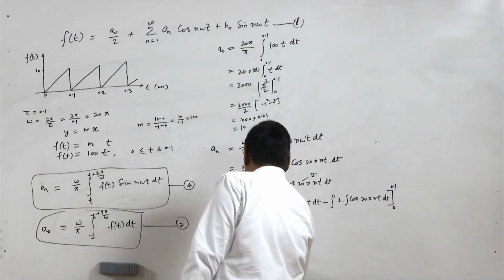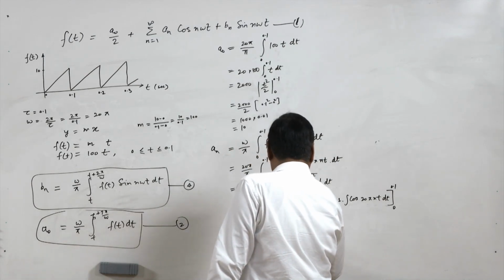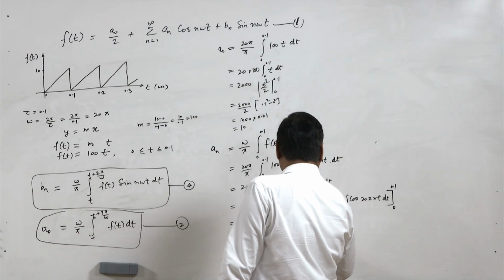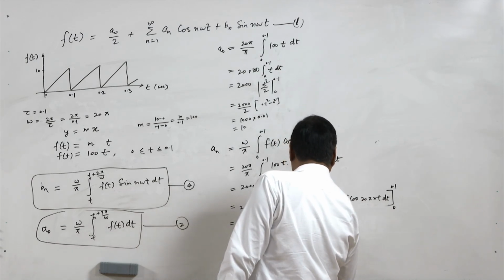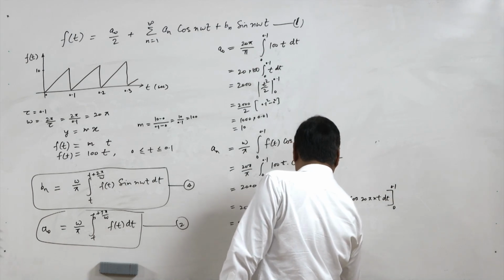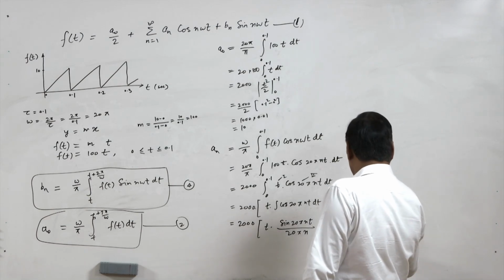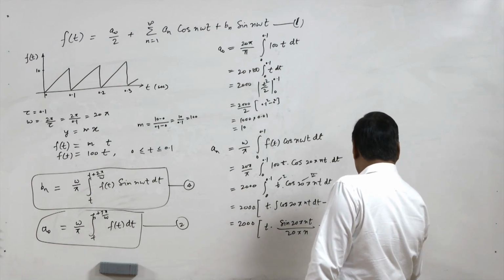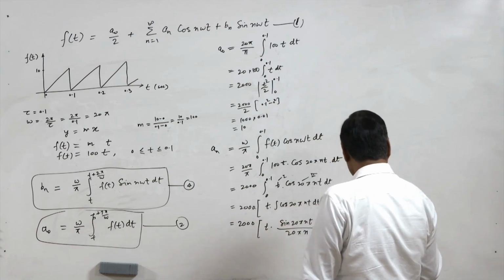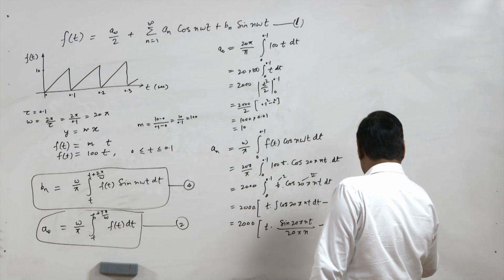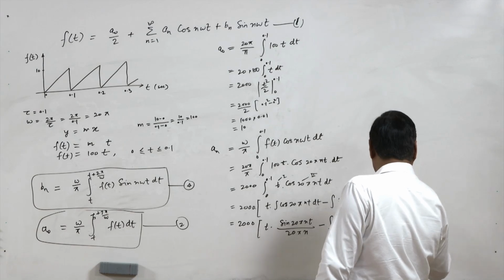So we can solve it. 2000, we have t into, so cos will go to sine 20 pi n t by 20 pi n, minus, again this integral, cos gives sine 20 pi n t upon 20 pi n, dt, and this is 0 to 0.1.